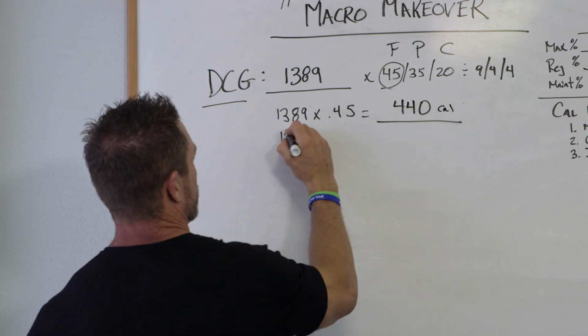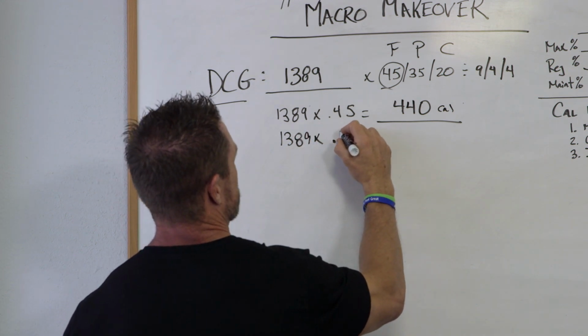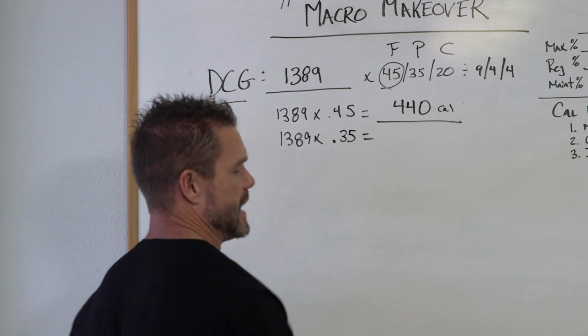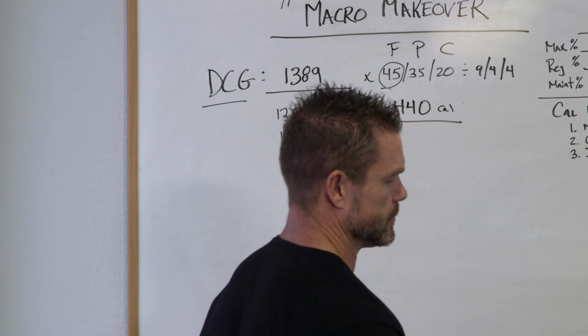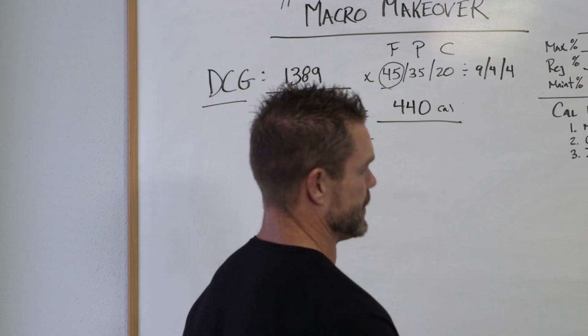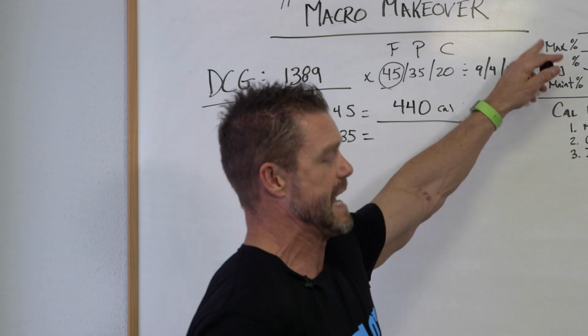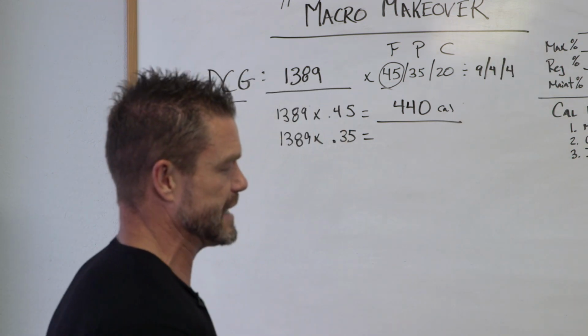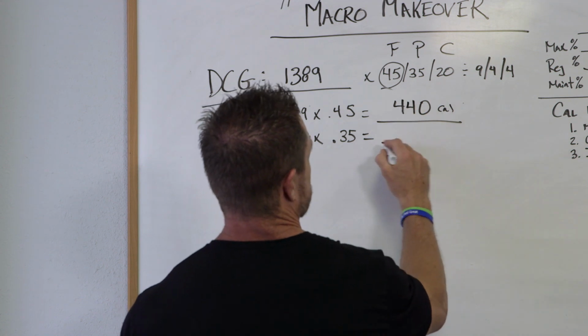And then the same we would do for protein at 0.35, and that comes out to be a different number. Actually, I realized I didn't even use that. We were doing the max for her. So scratch these numbers and we'll just keep rolling.